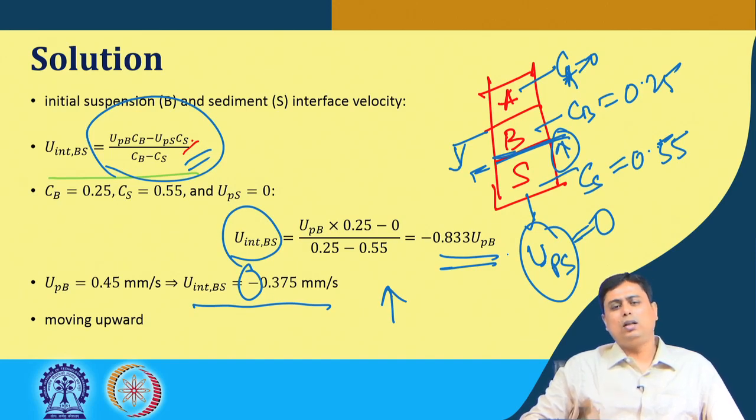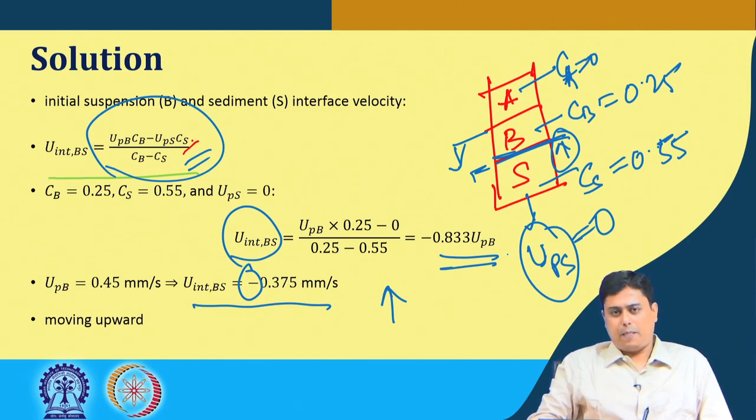So the point was we had to find out our hindered settling rate. Now the hindered settling rate is equal to the single particle settling rate multiplied by epsilon to the power n, where epsilon is the volume fraction of the fluid. Now n is a parameter that depends on the settling region.